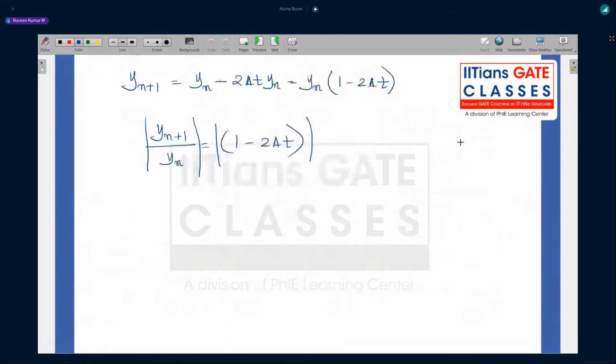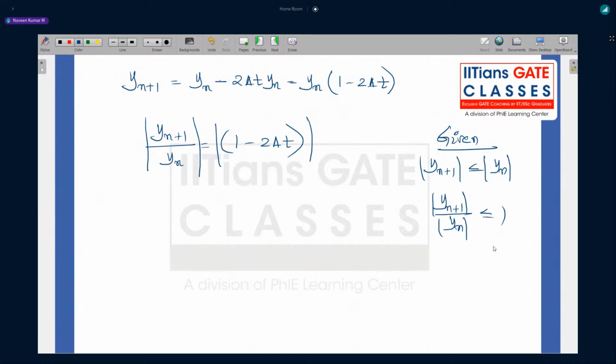The condition given is that the modulus of y of n plus 1 should be less than or equal to y of n. From here I can say this ratio is less than or equal to 1 from the given.